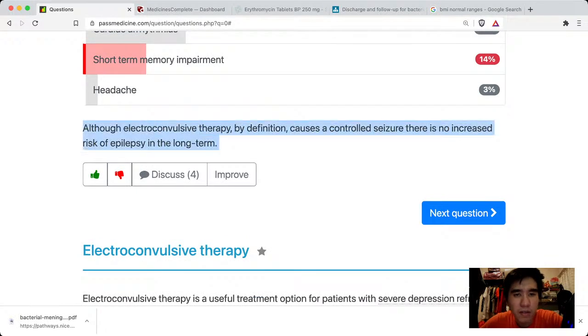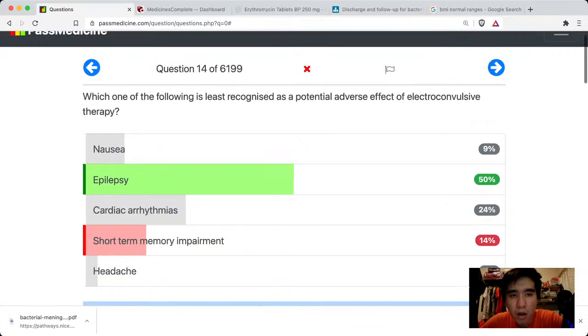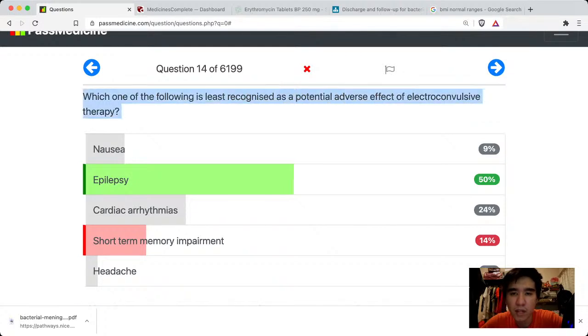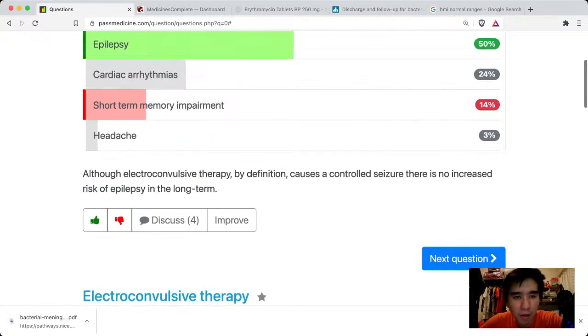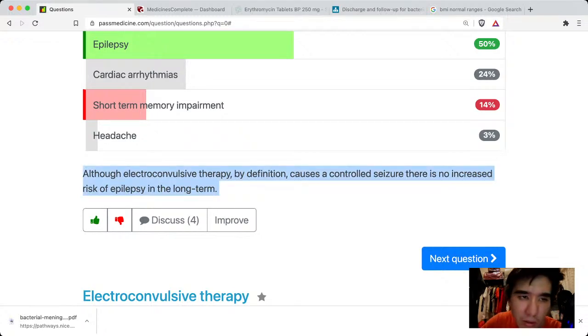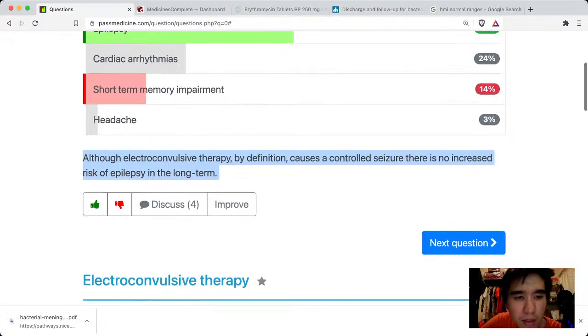Although electroconvulsive therapy by definition causes a controlled seizure, there is no increased risk of epilepsy in the long term. You should ask which one is not a potential adverse effect.